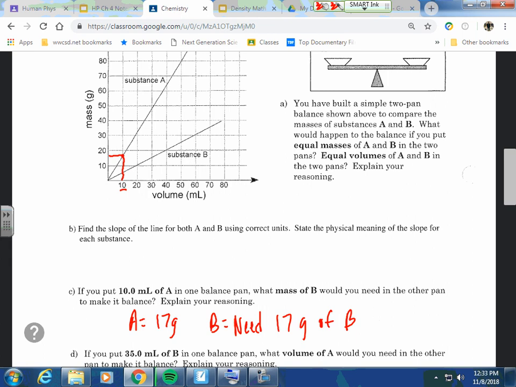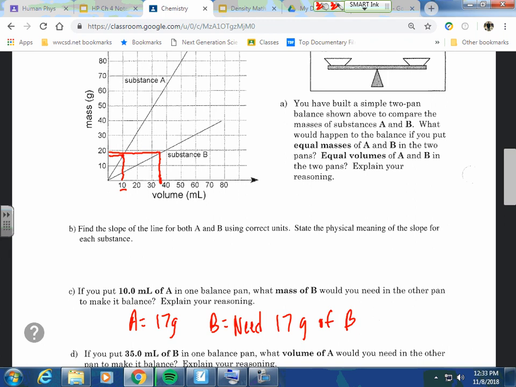Okay. Letter D, if you put 35 milliliters of B in one balance pan, what volume of A would you need in the other pan to make it balance? So if I had 35 milliliters of B, 35 is right in the middle here, go up to the B line, right about there. What mass would that be? That's a little closer to 20. I might say 19 grams on that one.